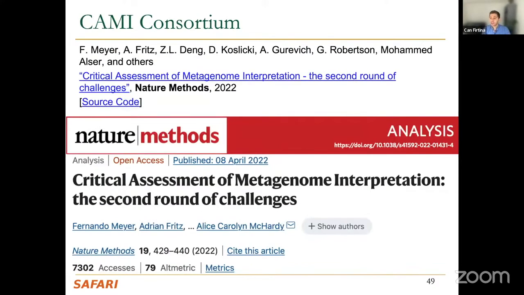And to improve these tools, of course, right now we have benchmarking suites and almost yearly benchmarking analysis. So this is basically the Critical Assessment of Metagenome Interpretation, or CAMI.